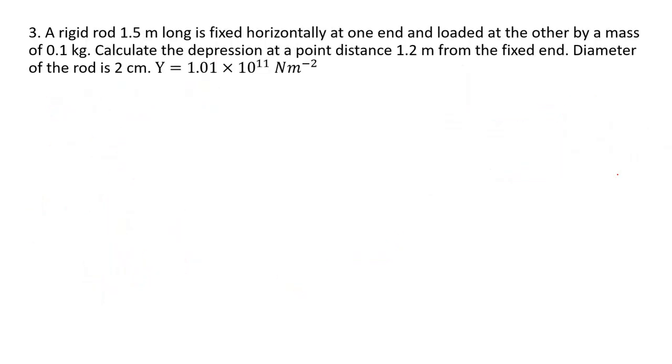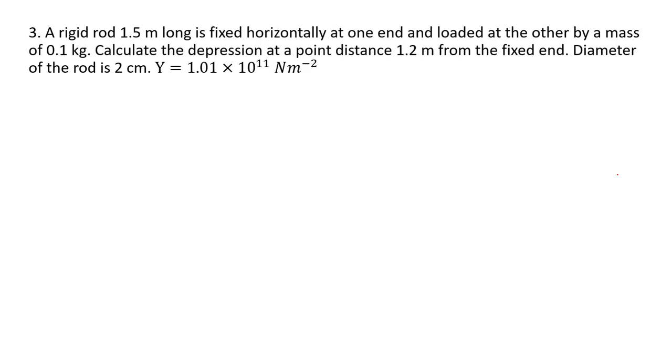Next question. A rigid rod of 1.5 meter long is fixed horizontally at one end and loaded by a mass of 0.1 kg. Calculate the depression at a point distance 1.2 meter from the fixed end. The diameter of the rod is given to be 2 centimeter, and its Young's modulus is also given.